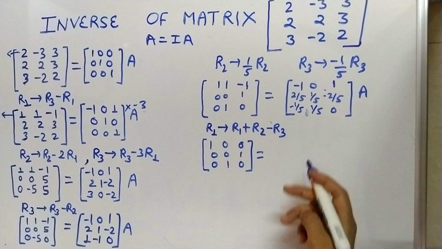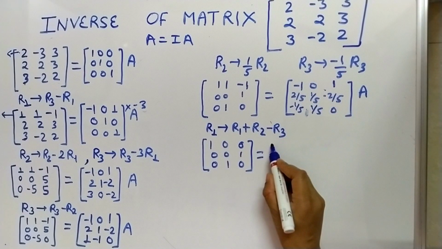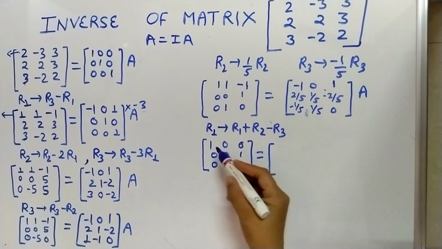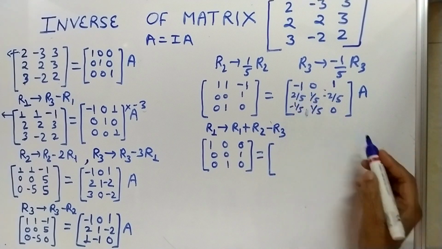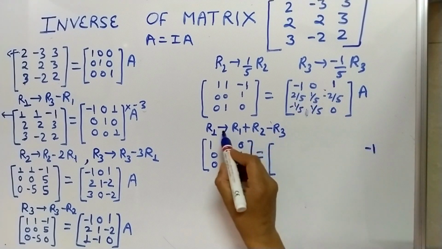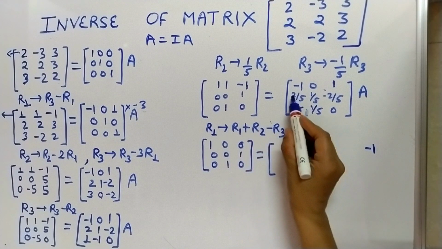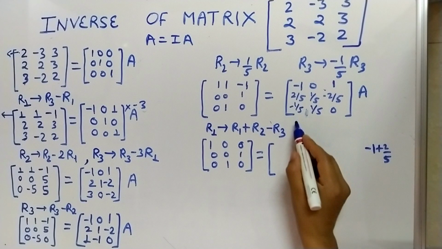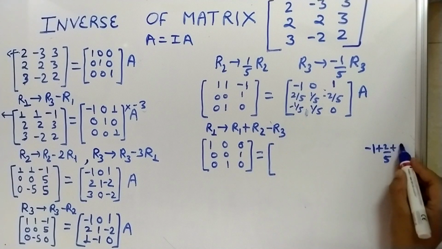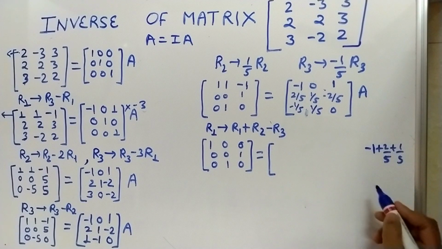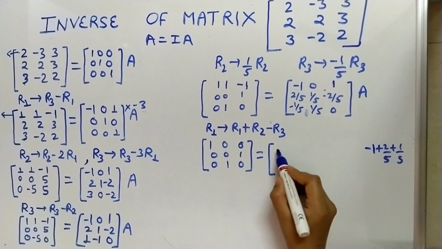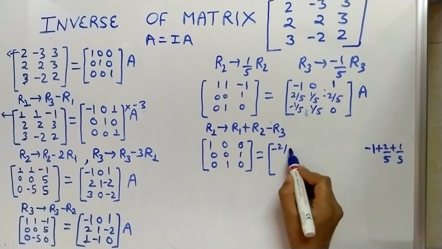Now here it was easy, but here we have to see what changes will come. So let's see. First row, yes, change in the first row only. So here in the rough also you can do this one. R1 plus R2. So R1 plus R2 plus 2 by 5 and then minus R3. So it will be plus 1 by 5. Just solve this one and you'll get the answer. So minus 1 plus 3 by 2, it will be minus 2 by 5.